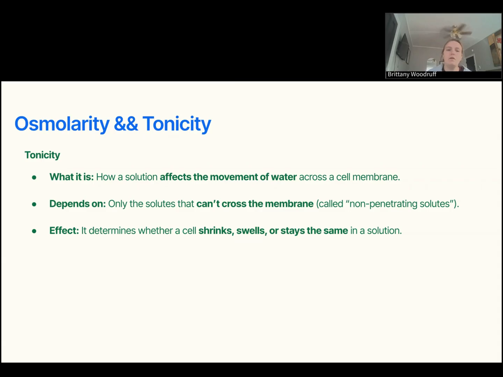This is only going to depend on solutes that can't cross the membrane, so non-penetrating solutes, because otherwise the solutes themselves would move across the membrane, right? In this case, we are looking only at the solutes that cannot cross the membrane.